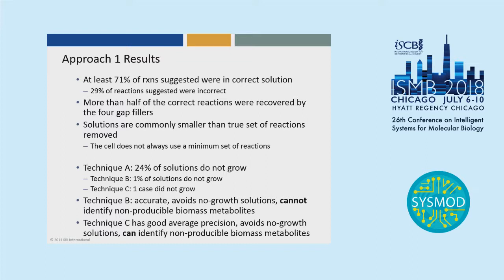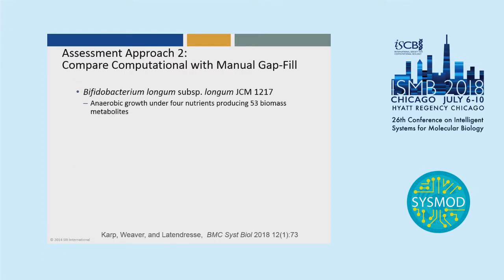Okay. We're running out of time here, so let me now take you quickly to approach 2. Approach 2 was basically to compare a computationally gap-filled model with a manually gap-filled model.